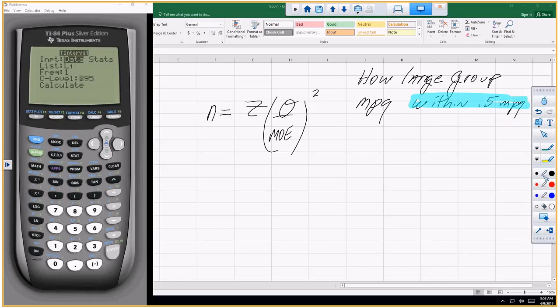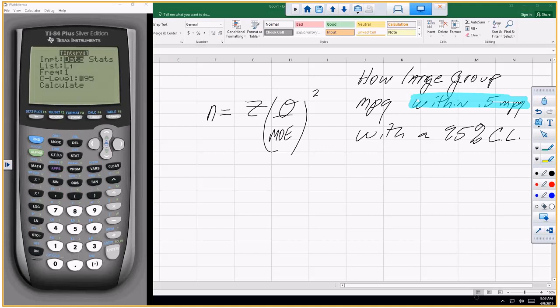You might want to write that down. In 9.1 and 9.2, you will be asked to find the group size that you need to survey, and you're going to use the same formula.